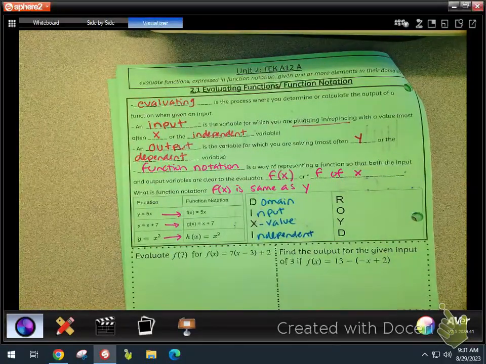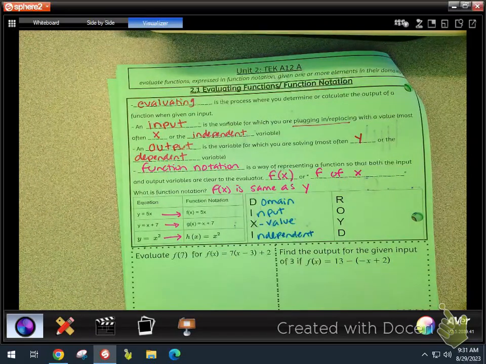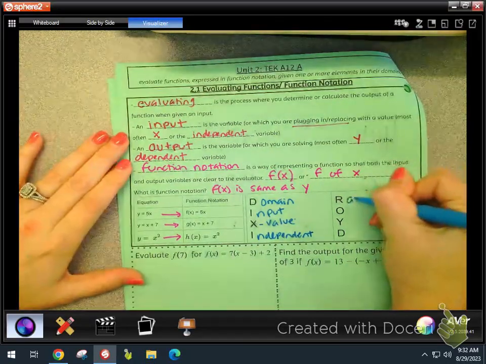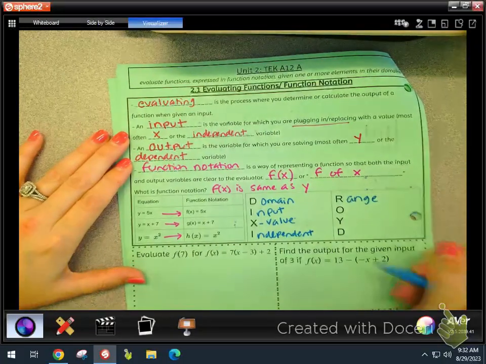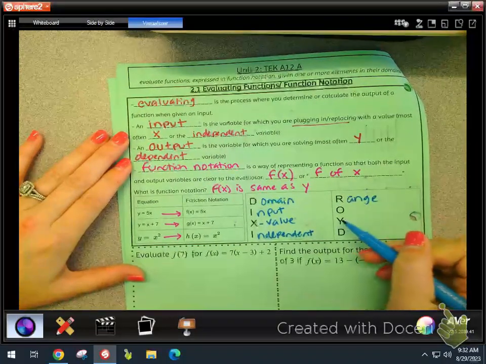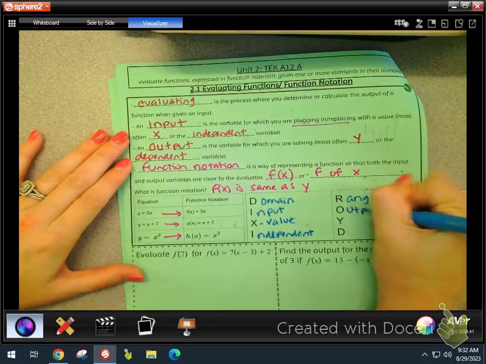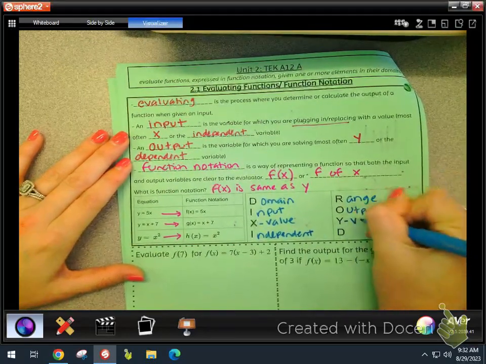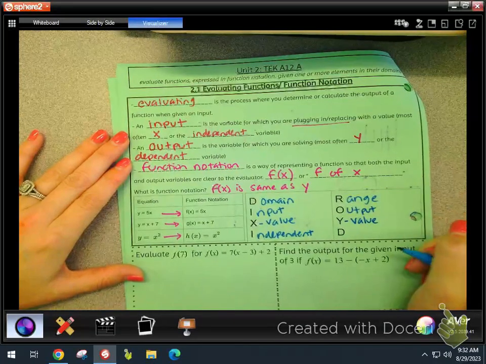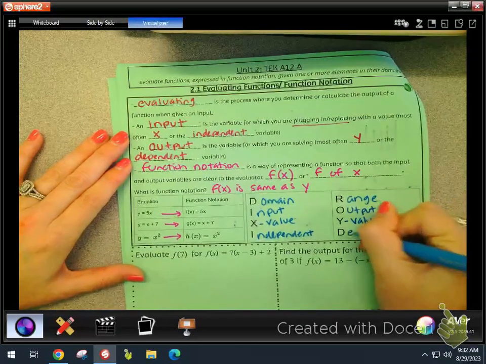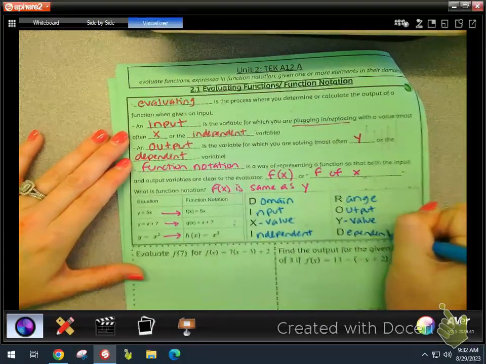Domain, our inputs, your x values, your independent. It tells you, hey, these are all categorized together. Okay? Any ideas on what the R stands for? Range. Have y'all heard domain and range before? Yes. Okay, good. So range is going to talk about your output, which is your y values, or your dependent variable.